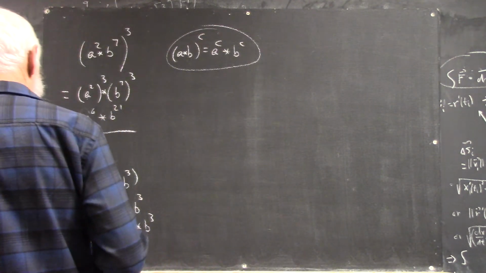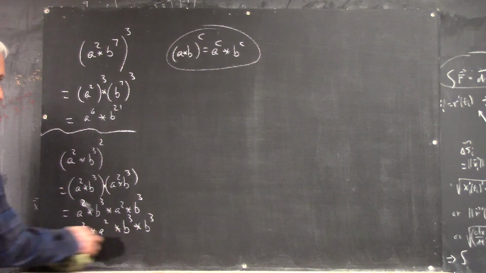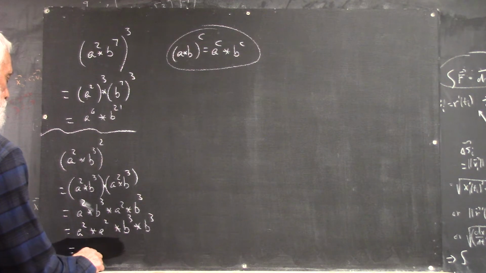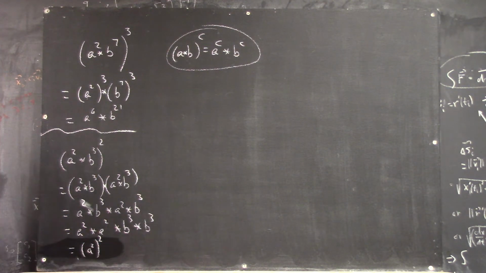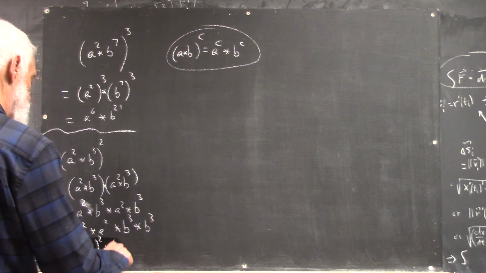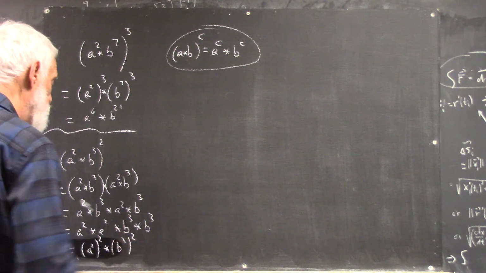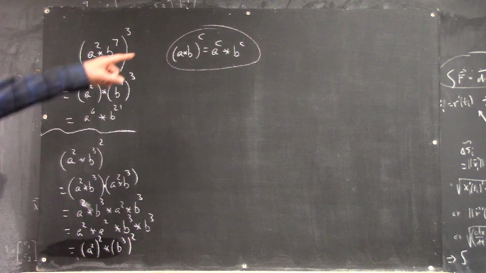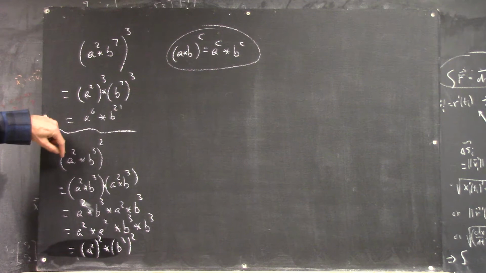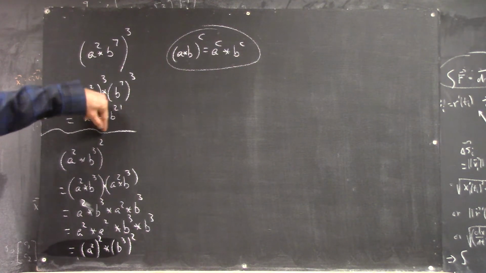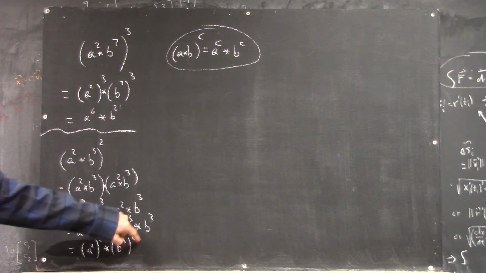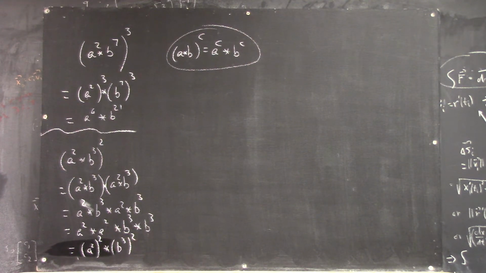You can overdo the number of steps because I think it's going to be pretty obvious. a squared times a squared is a squared squared, right? And b cubed times b cubed is b cubed squared, right? Well, that's just what the rule says. It says that a squared b cubed, squared is a squared squared, times b cubed squared.